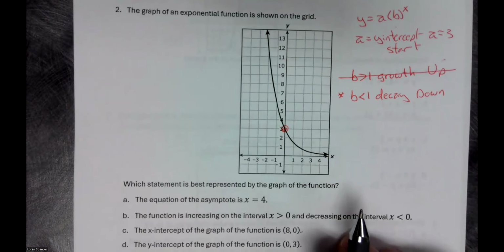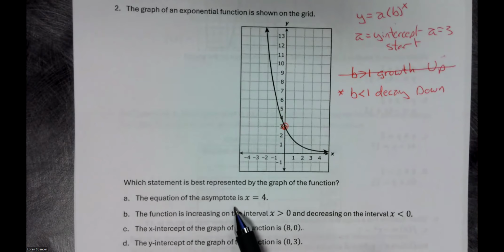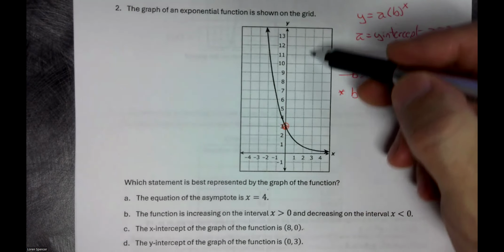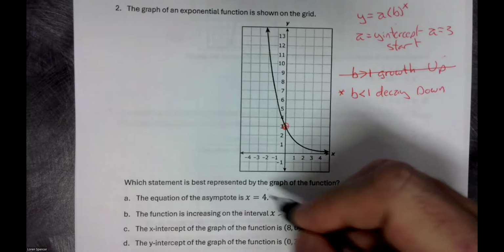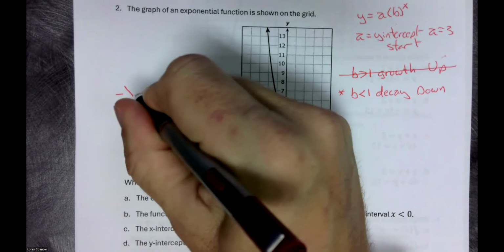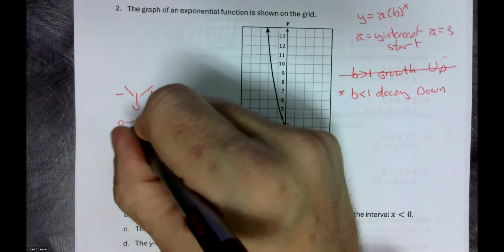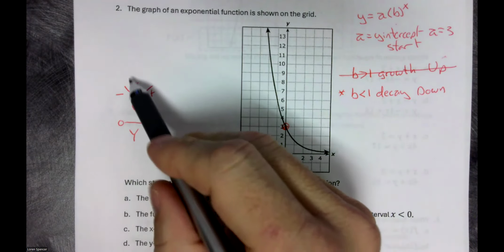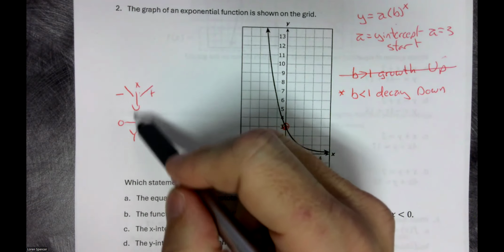So the very first thing it asks about is which is best represented by the graph. The equation of the asymptote is x equals 4. Well, x equals 4 is a vertical line, and we can remember that if we think about the angry slope man: negative, positive, and undefined is x equals, we have a vertical line.